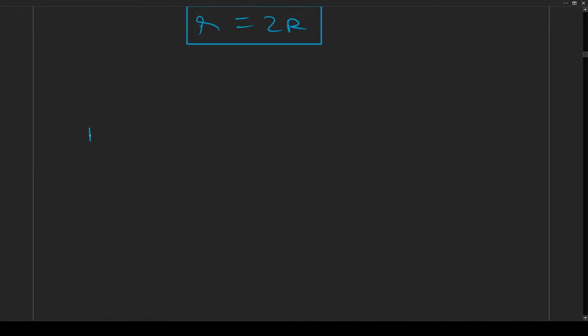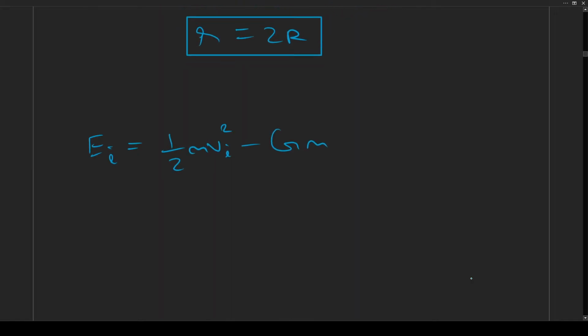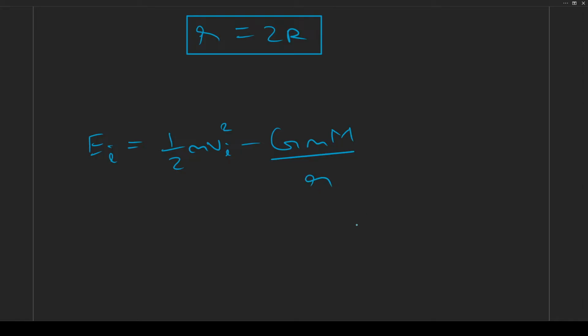Now the initial mechanical energy is equal to half mv initial square minus GMm by r minus 4GMm.